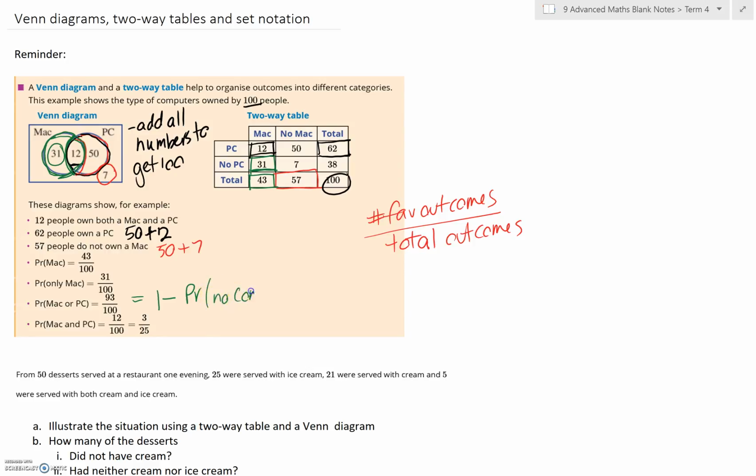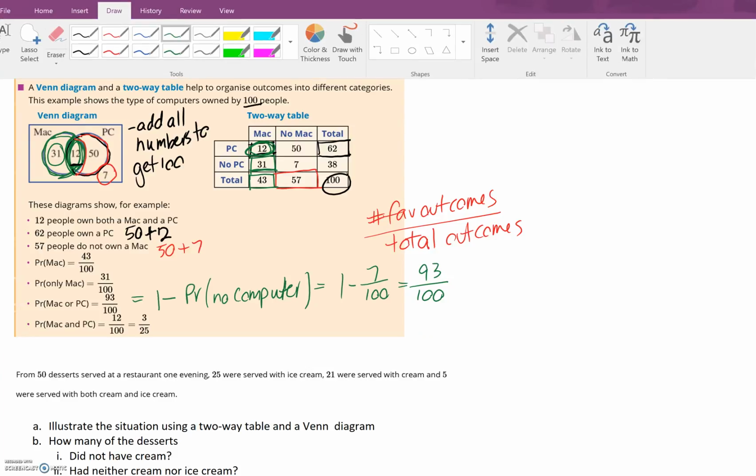Remember the complement that we've talked about before? So it's 1 minus 7 out of 100, which is 93 out of 100. Or of course you could add everything up, but that's probably the quickest way. And the probability of the Mac and the PC is where they all combine. So that is 12 out of 100, and of course that should be simplified down as far as possible, 3 over 25. Okay, hopefully that all makes sense.